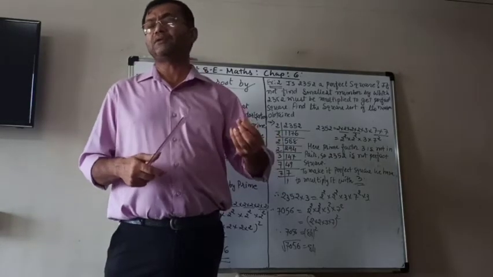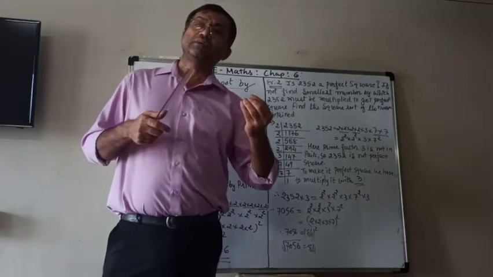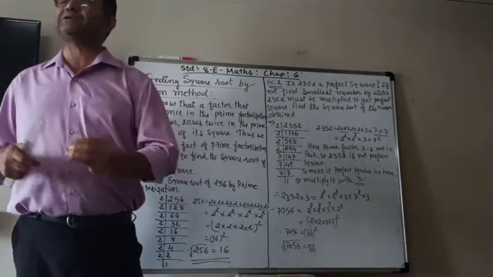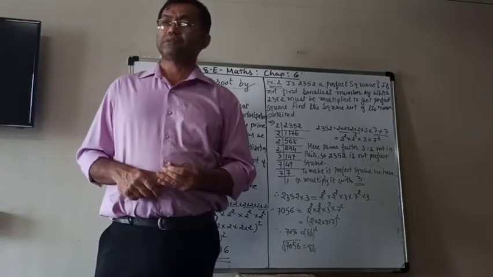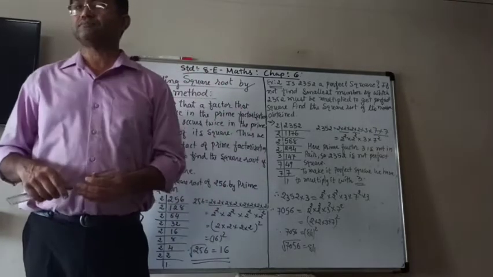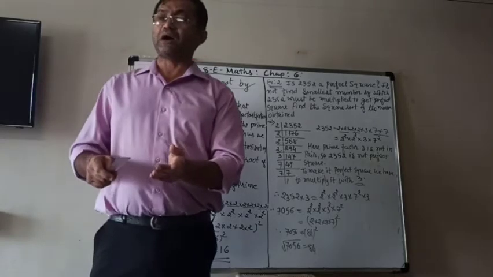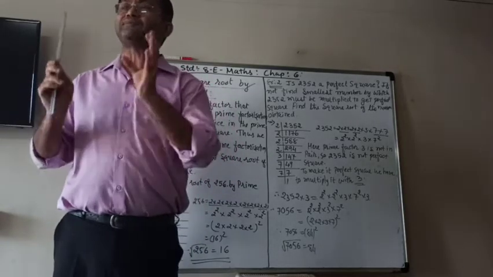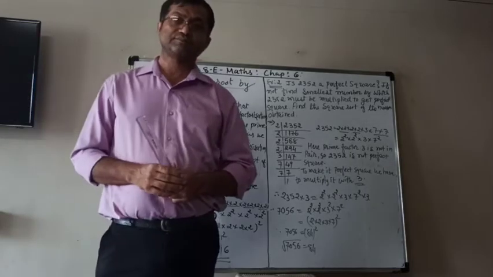For example, the prime factorization of 35 is 5 multiplied by 7. But the square of 35 means 5 multiplied by 7, again 5 multiplied by 7. So 5 and 5, 7 and 7 both come 2 times.